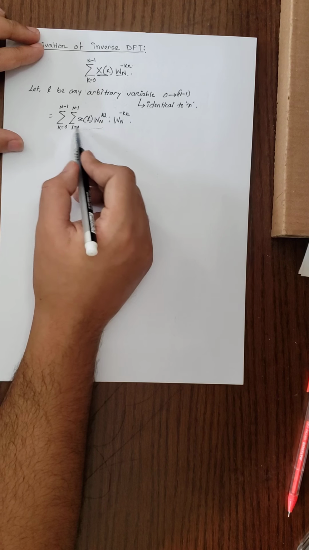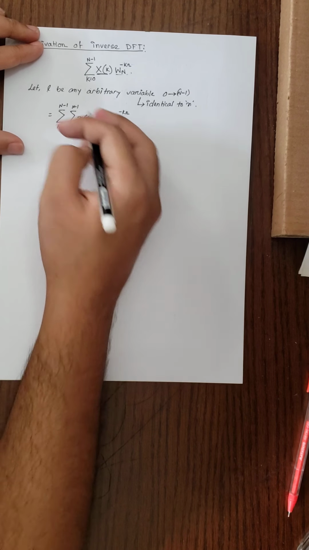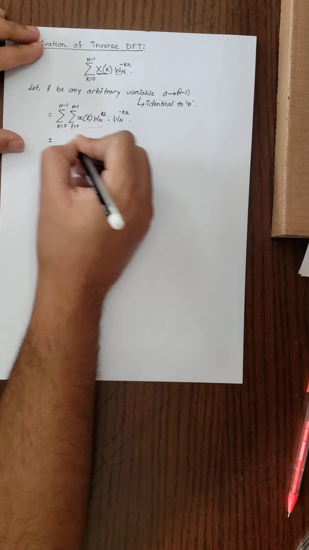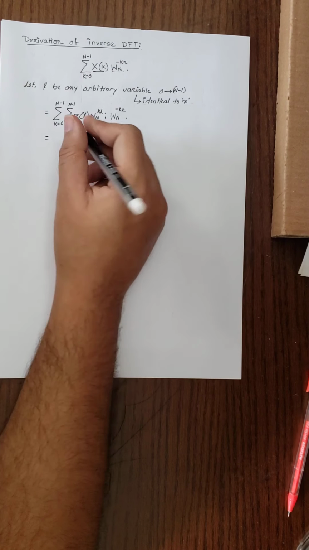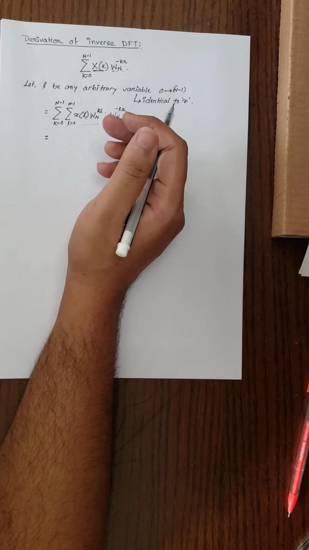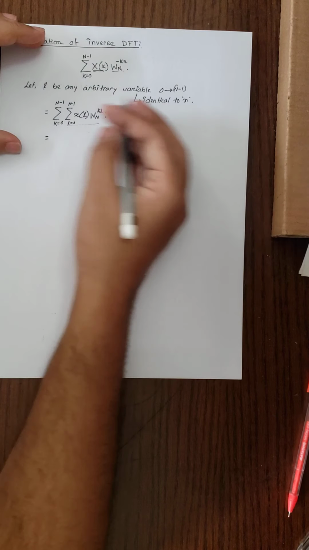Now, since the summations are independent of one another, and by the property of commutativity, we can interchange their position in the equation.